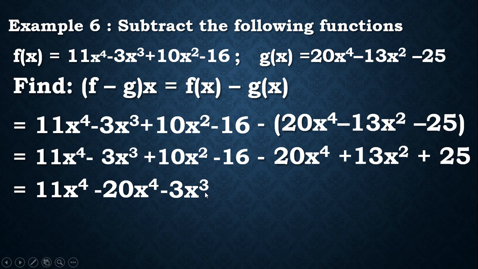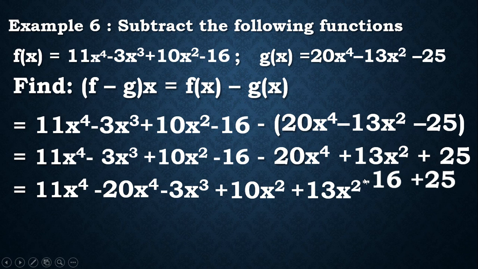Next, we have plus 10x squared and plus 13x squared. They are like terms because they are both raised to an exponent of 2. And then we have the constants, negative 16 and positive 25.